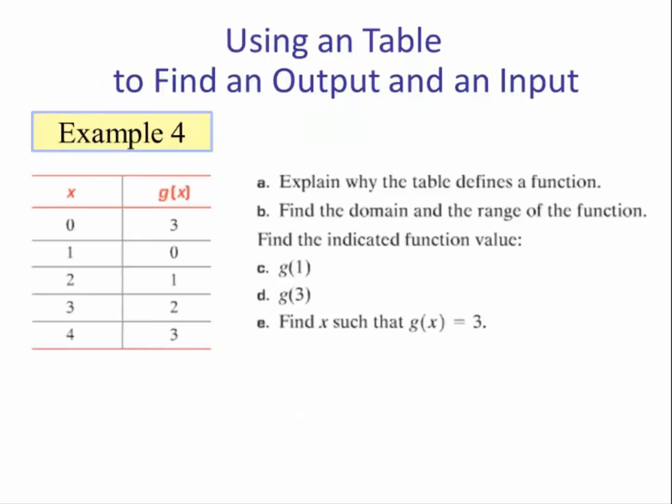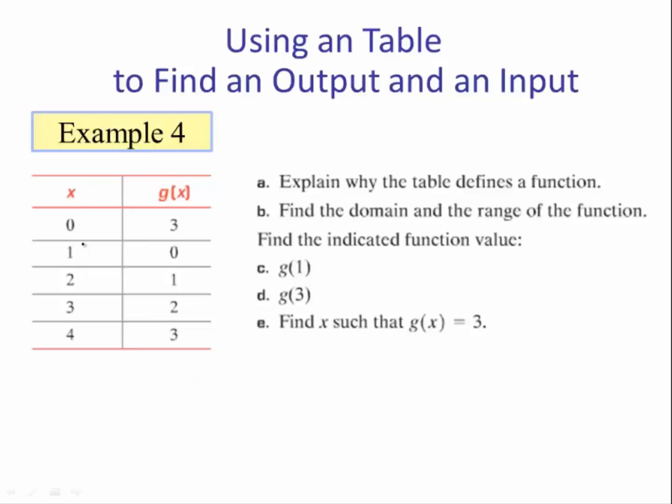Let's look at a table. A. Explain why the table defines a function. Well, if we look at the inputs, the x, all the x's are different. So therefore, each x has one and only one y, so it's a function. B, find the domain and range of this function. If you recall, the domain is the x values.